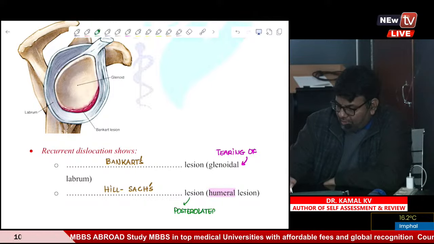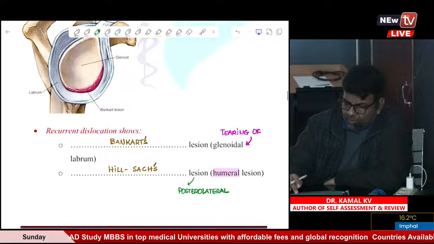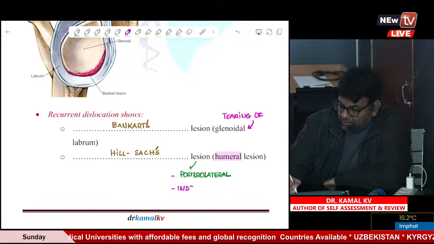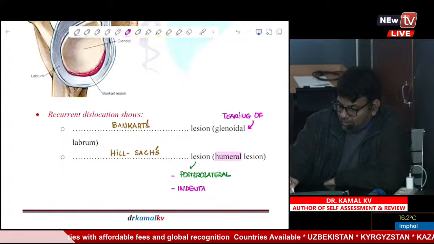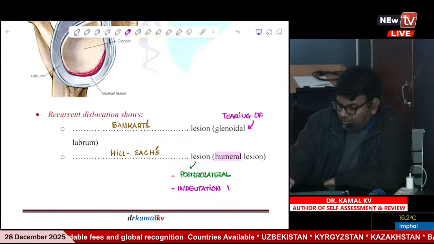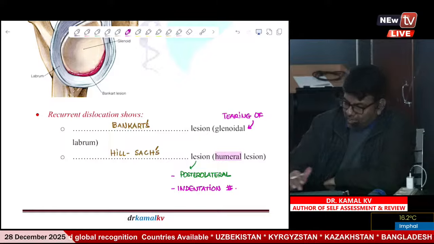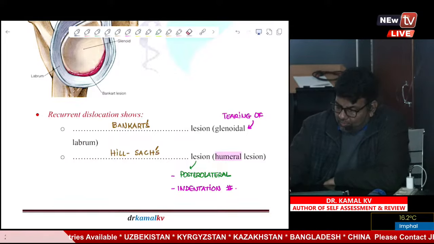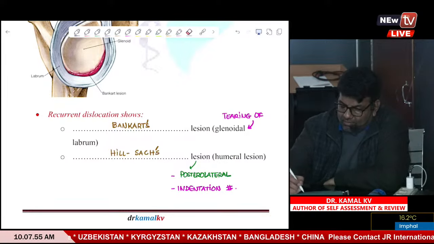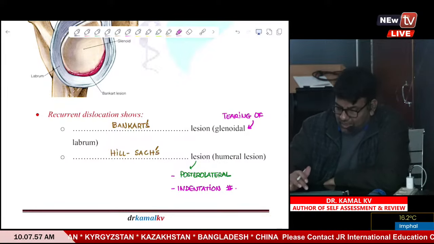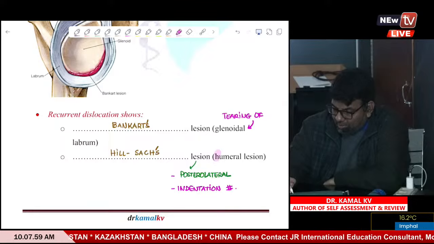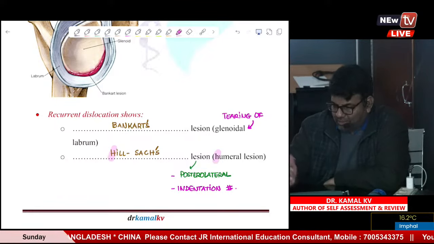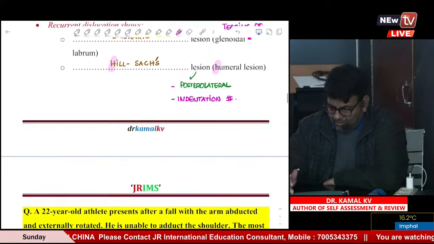The posterolateral part, there are small indentation fractures. Okay. So now how you will remember which area is affected in Bankart's, which area in Hill-Sachs. So remember H of humeral head and H of Hill. So that is how you can remember it.